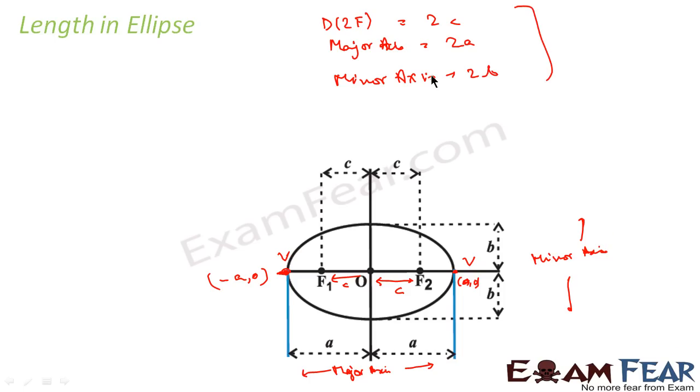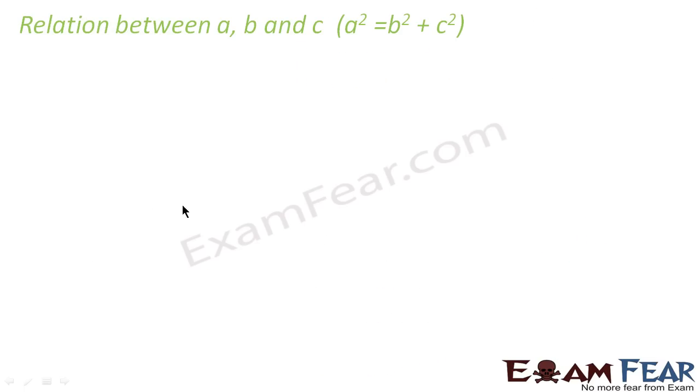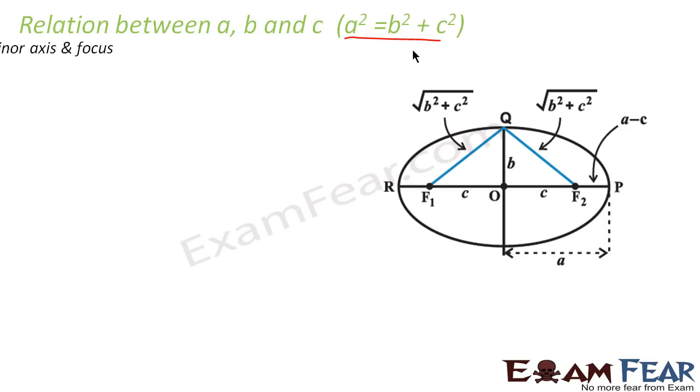So we have 2a, 2b, 2c. Please note, these are the naming conventions. Now we'll find a relation between a, b and c. The relation is a square is equal to b square plus c square.